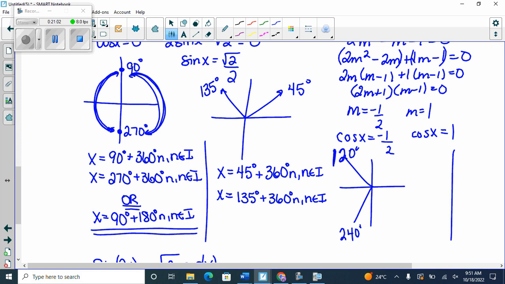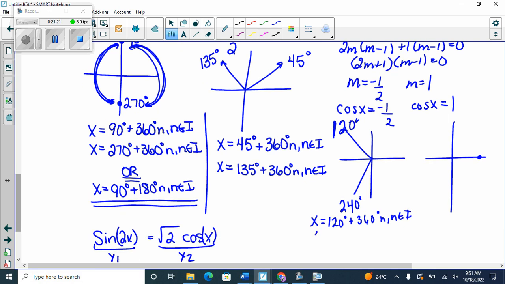So this one, I can go x equals 120 degrees plus 360 degrees n, n an integer. And then 240. And then this would be 0.